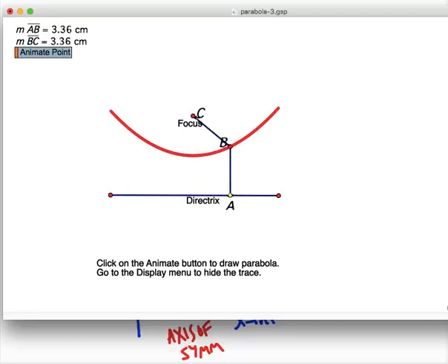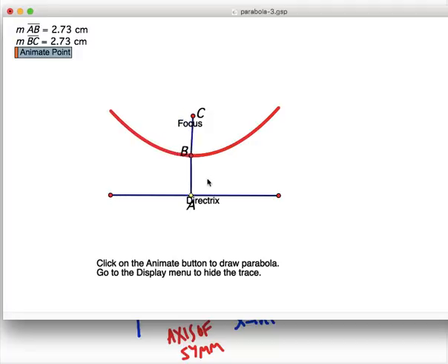But then there's this point inside the parabola called a focus. And then there's this line outside of the parabola called a directrix. And I want you to notice what's happening from C to B and from B to A. And I have them up here so you can kind of watch.